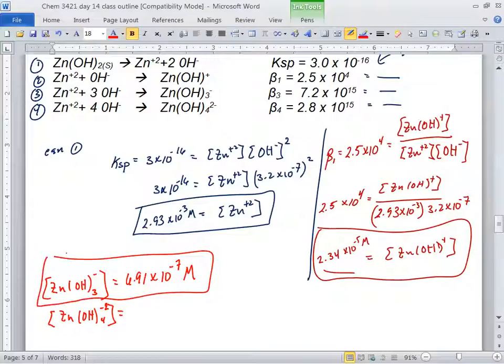Anybody else get the one with 4 hydroxides? So 9.8 times 10 to the negative 9. How about that? Did anybody get that? Danielle, did you get these? No? I just feel better if a couple people got it.